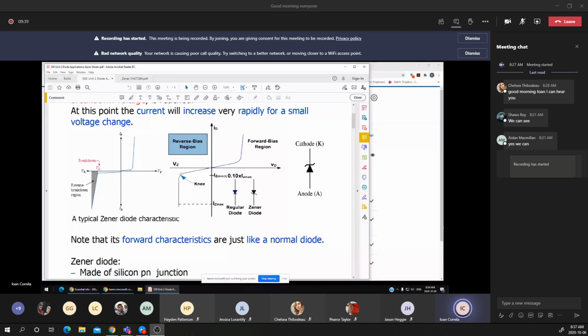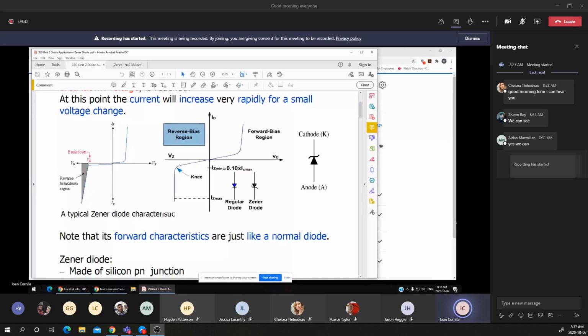At this point, the diode will increase the current from the minimum current, called the Zener minimum current, to the maximum current without changing the voltage across the diode.